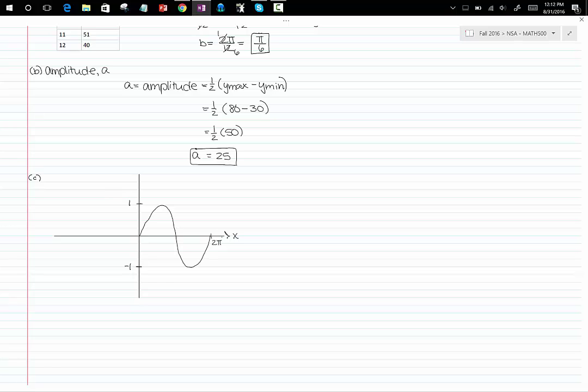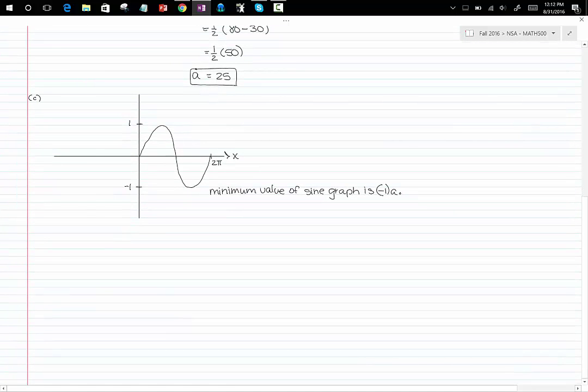So the minimum value of a sine graph has to be -1 times a. We know that a is equal to 25 from our previous step.